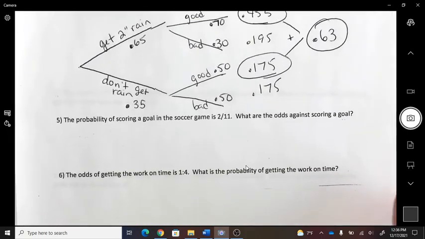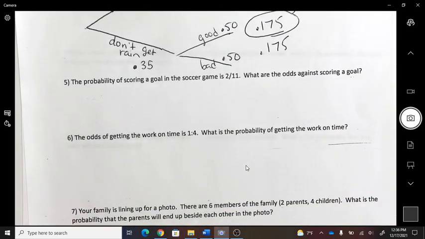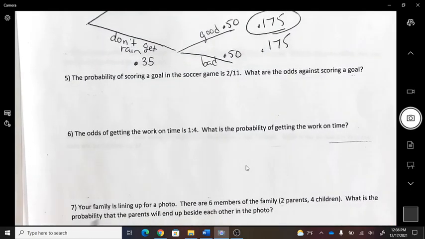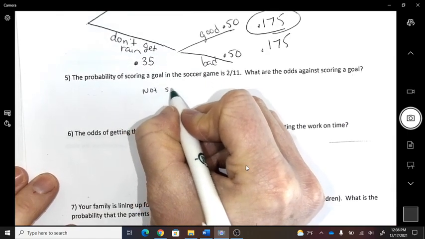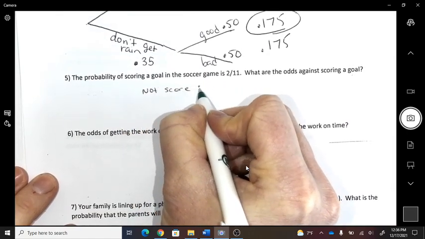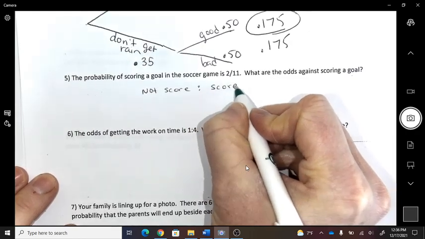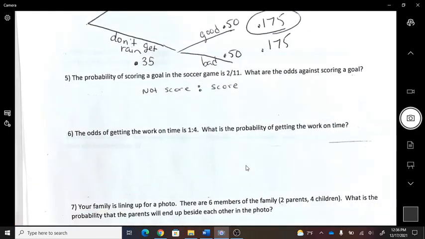Okay, the probability of scoring a goal is 2 out of 11. What are the odds against scoring? So this is how you're going to think to write it. Yeah, I like that number, Jonathan, that you had there. Odds against scoring.